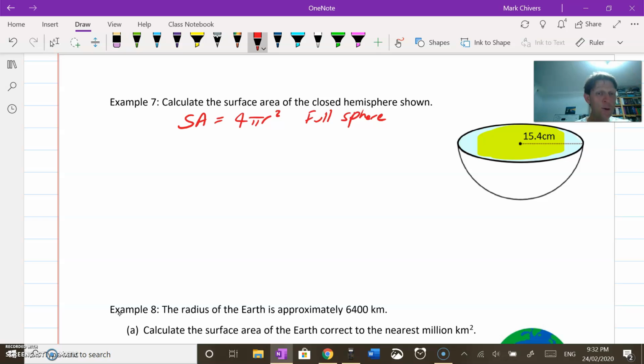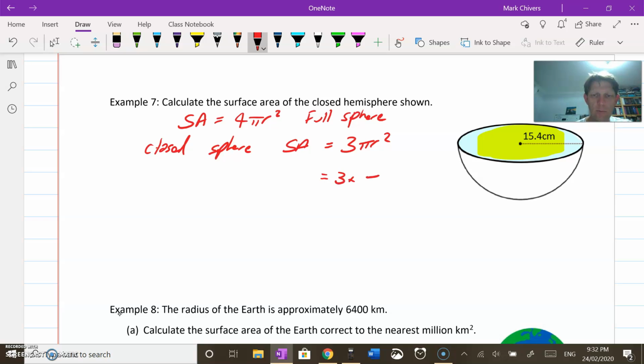So for a closed sphere, the surface area is actually going to be 3 pi r squared. So half of the normal surface area would give us 2 pi r squared, plus now we've got this circular disc on top. So we substitute into that formula.